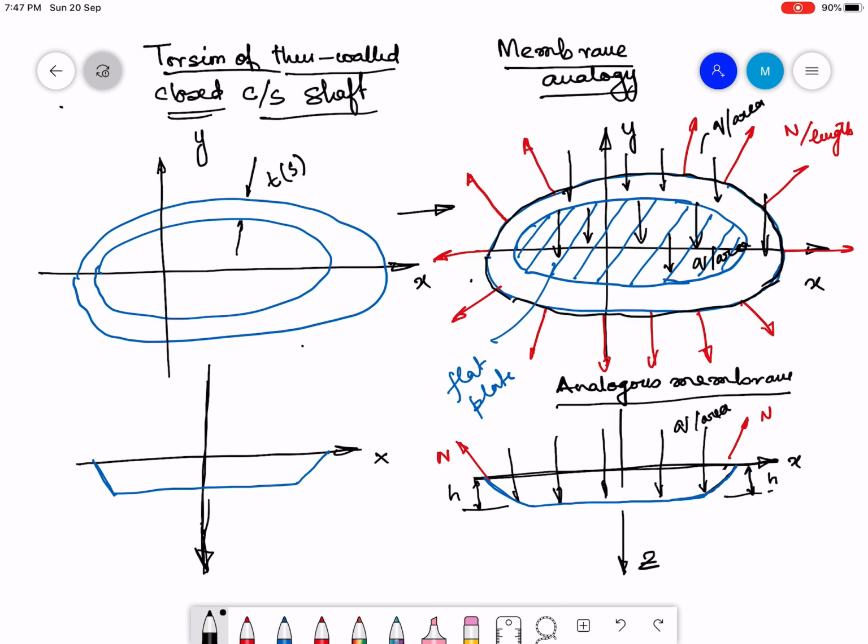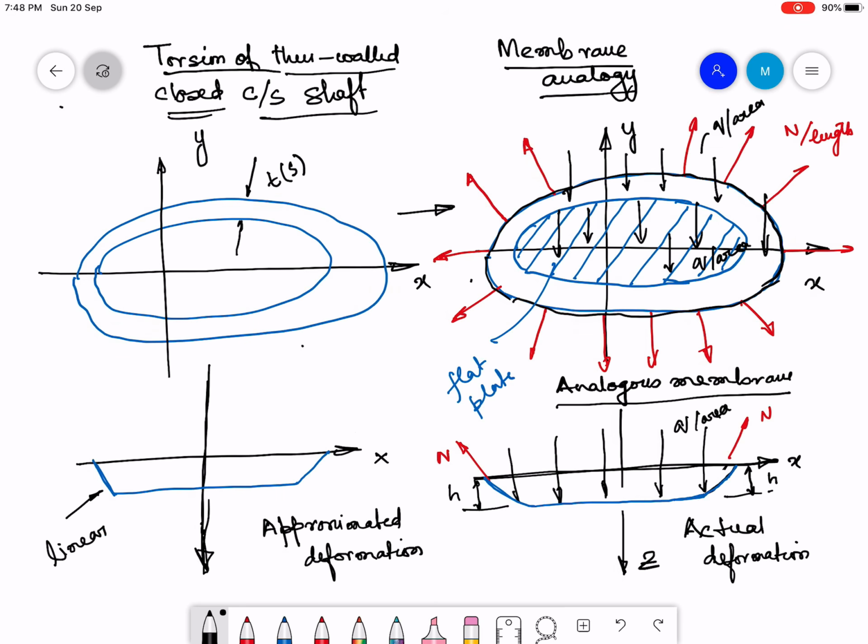Let me reiterate, this is the actual deformation, and this is the approximated deformation. This is also going to be H.